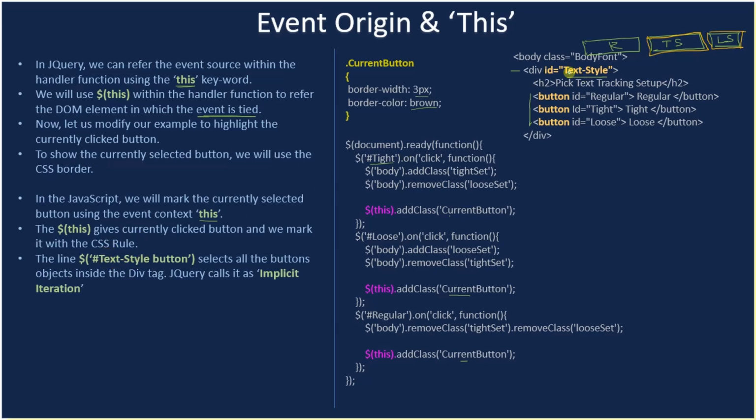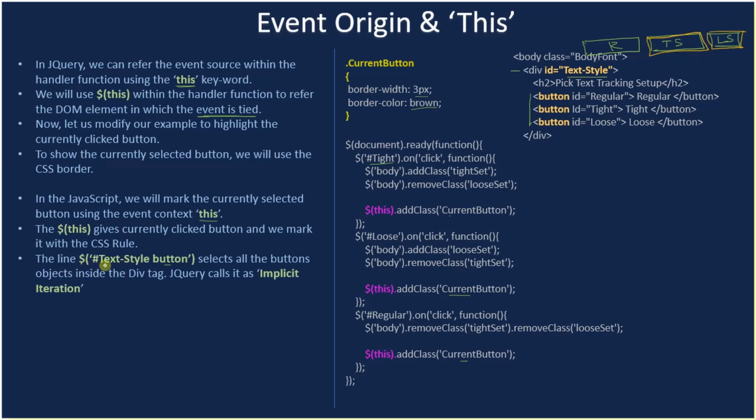$text style, then with a space we are stating button. That means the tag is button, right? So select the button tag, which should be inside the element that has the ID text style.